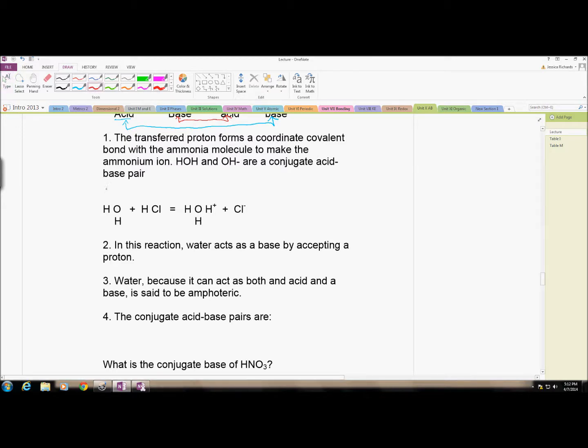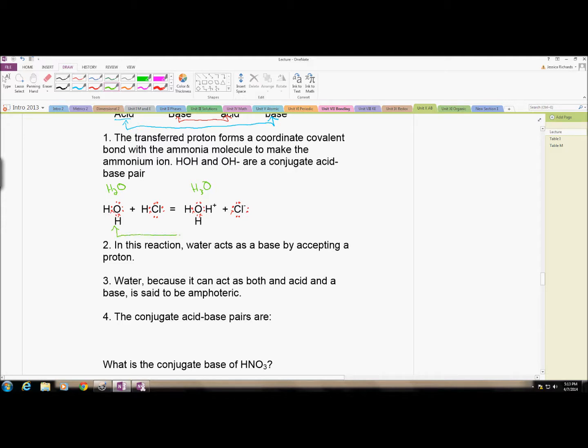So if we look at the example here in your notes with water and hydrochloric acid, I'm going to add all of our Lewis dots. Our water in the forward reaction is going to go from H2O to just H3O.